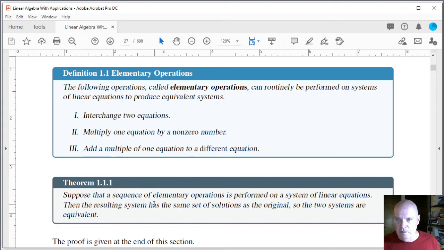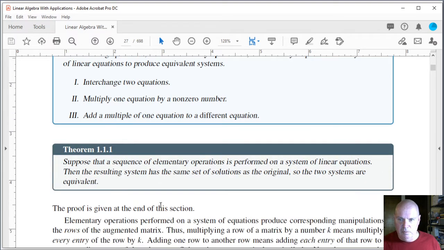This leads to a theorem: a sequence of elementary operations performed on a system of linear equations gives a resulting system with the same set of solutions as the original. But we're going to go through these operations striving to find a system that has a particular form that makes it really easy to solve.